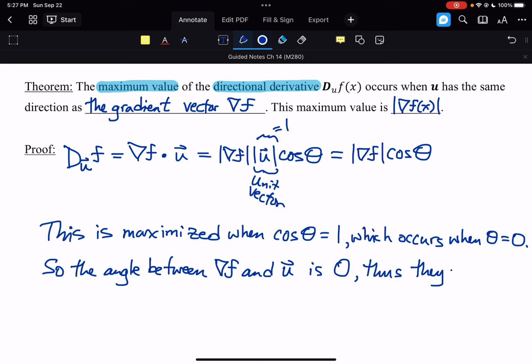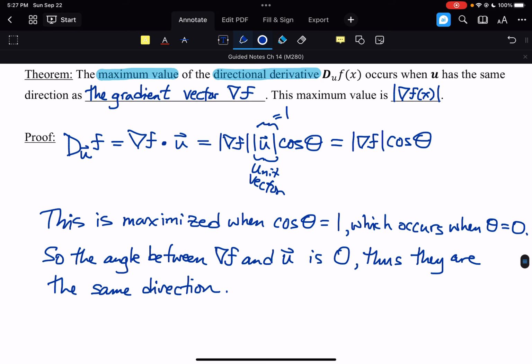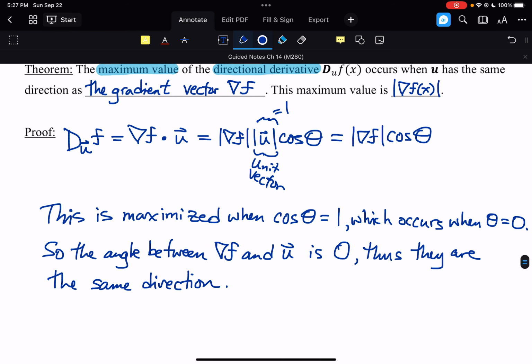Thus, they are the same direction. So the maximum value of the directional derivative occurs when the angle between grad f and u is 0, or in other words, they're pointed the same direction, or they're parallel, however you want to think about that.